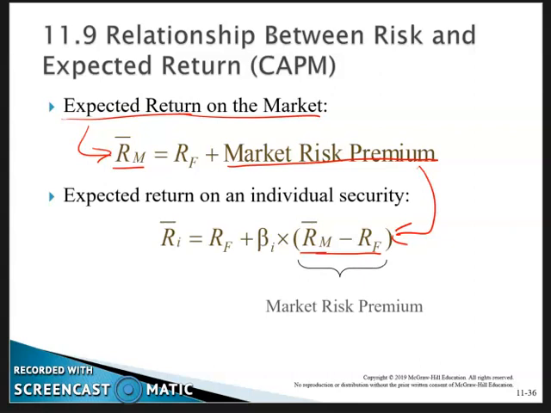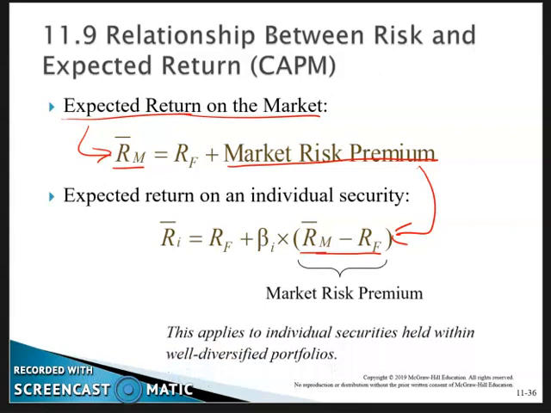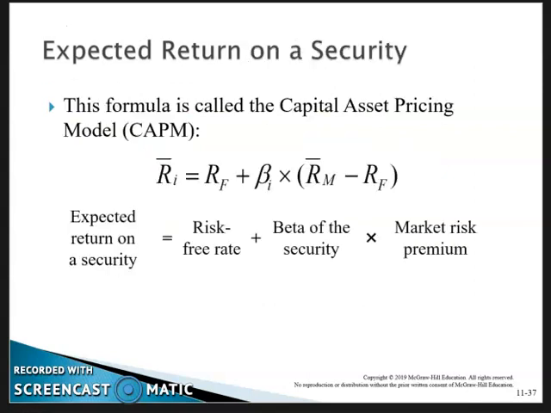Again, market risk premium applies to individual securities held within a well-diversified portfolio. But again, continue with expected return on a security, or the capital asset pricing model, or CAPM.